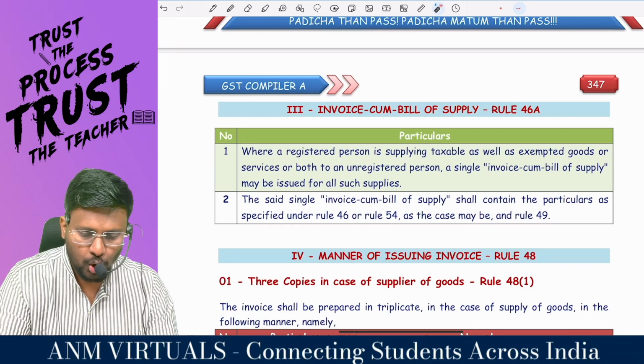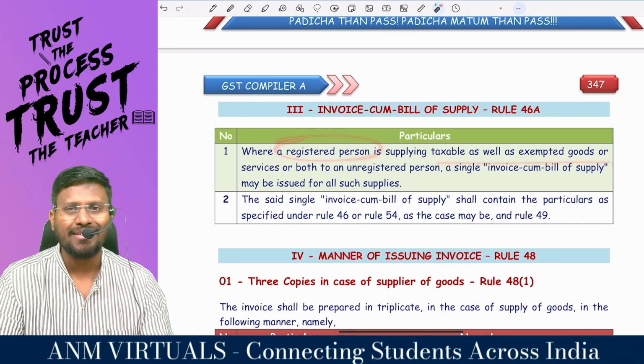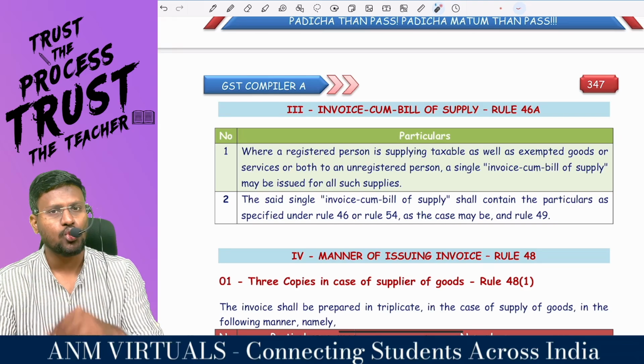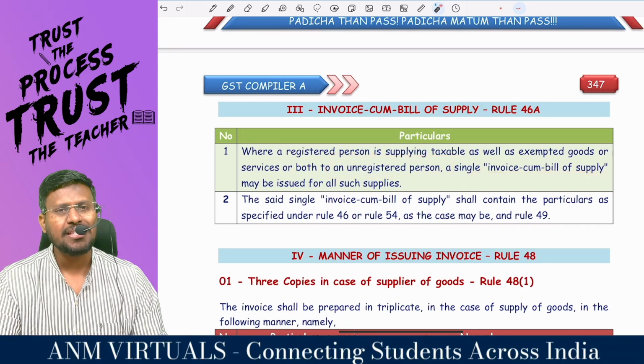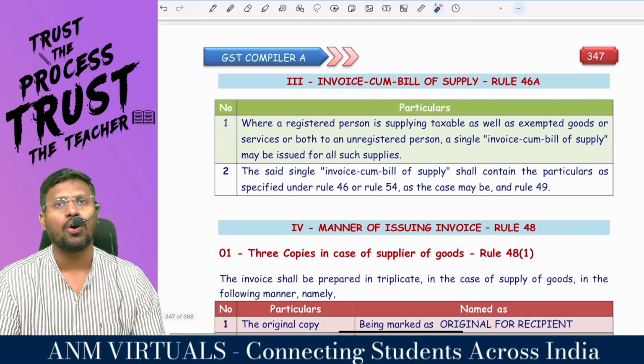So you are a registered person supplying taxable as well as exempted goods or services or both to an unregistered person. A single invoice cum bill of supply may be issued for all such supplies.